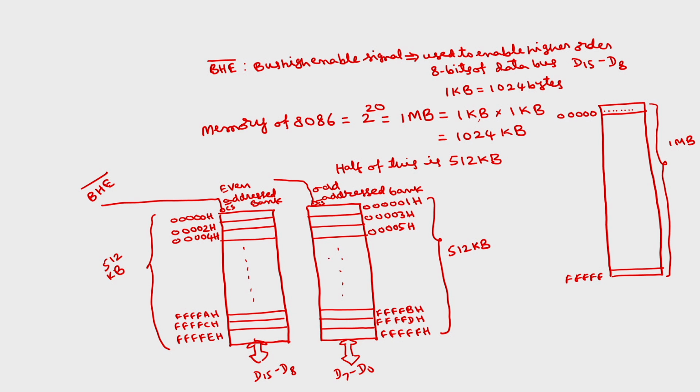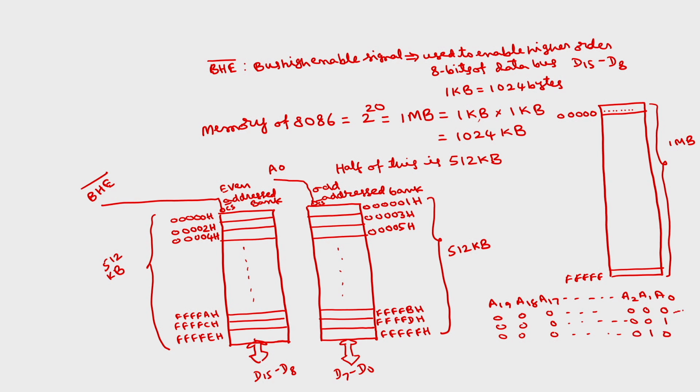In order to select this bank for only the even addresses, we can simply use A0. We know that a total of 20 address lines are there: A19, A18, A17, and so on up to A2, A1, A0. If I take the starting address, all zeros, the next address ends in 1, the next address is 2, and so on.